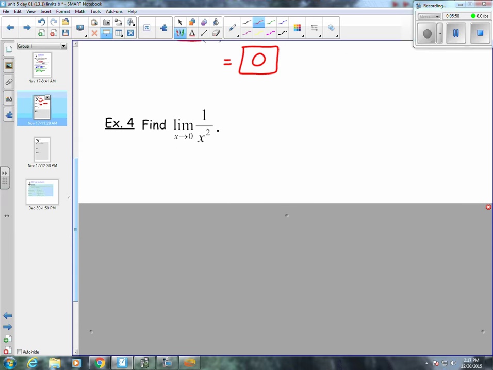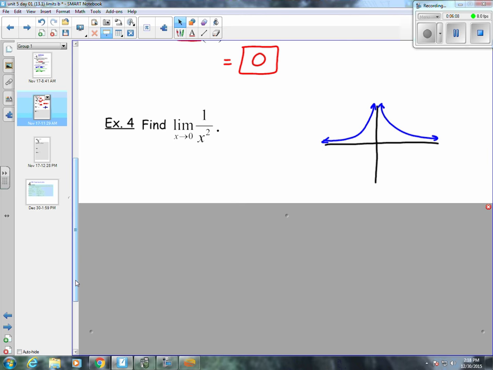How about the limit as x approaches 0 of 1/x²? It might help to remember what the graph of 1/x² looks like. So in this case, as x is approaching 0, our graph is approaching positive infinity from the left and from the right.